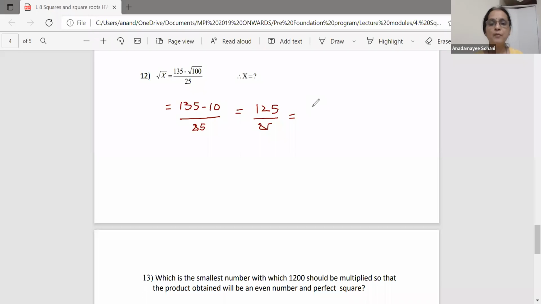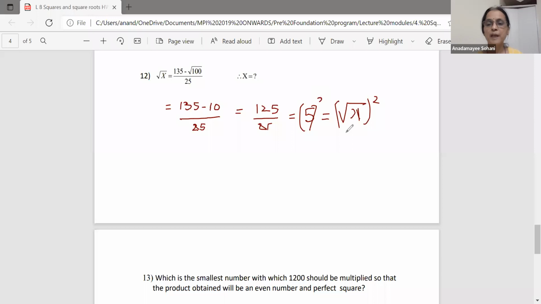But what is 5? 5 is root of x. So what will x be? Square of this and then square of this.